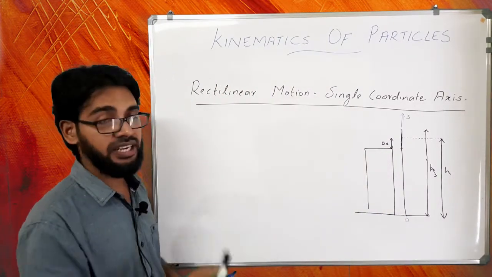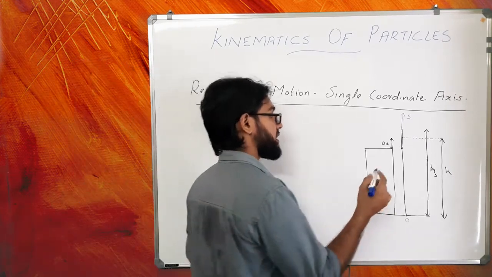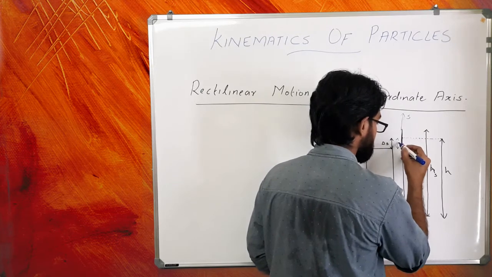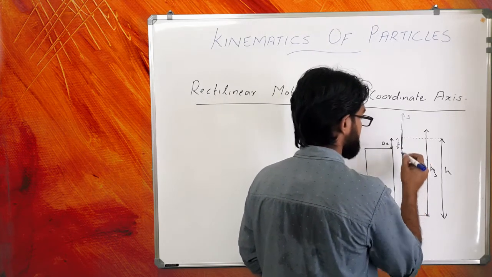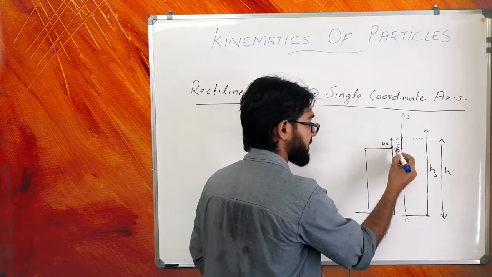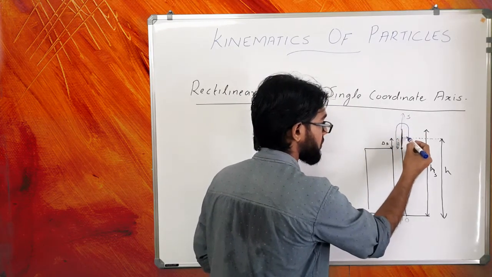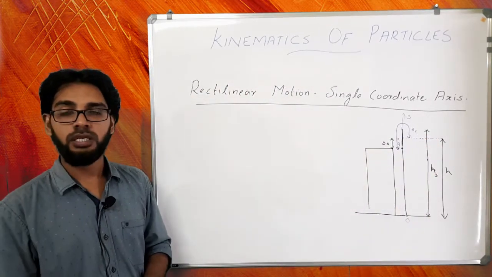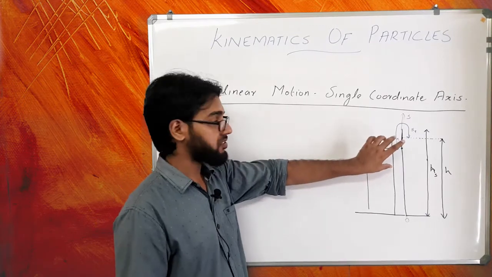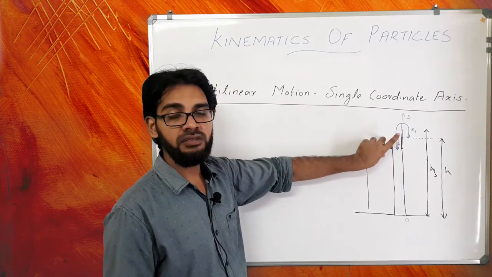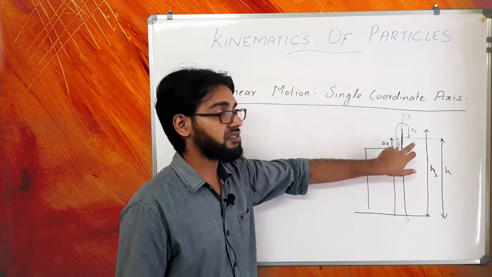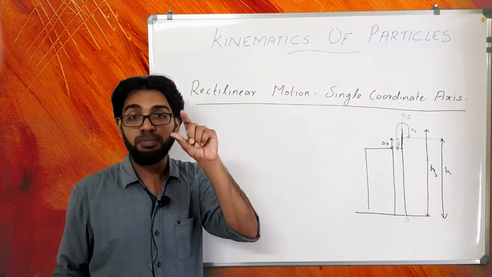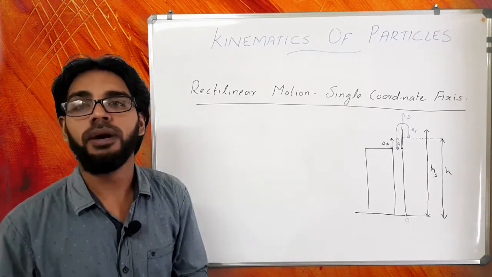However, in the first case, the distance travelled by the ball, say st, is this height. In the second case, the distance travelled is here. So in both of these cases, the displacement remains constant. However, the distance is different. That is why I said there is a difference between the displacement and the distance covered by the particle.